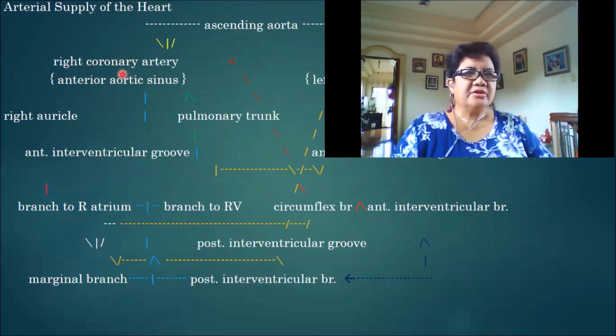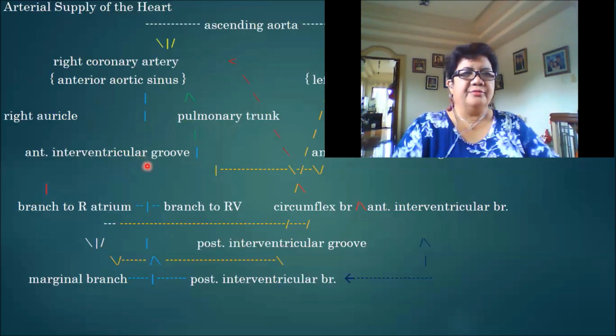So your right coronary artery will enter your anterior aortic sinus. It will course down from the ascending aorta between the right auricle and the pulmonary trunk, and it will course through your anterior interventricular groove.